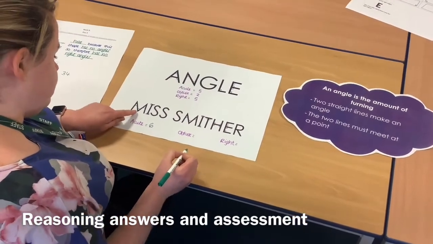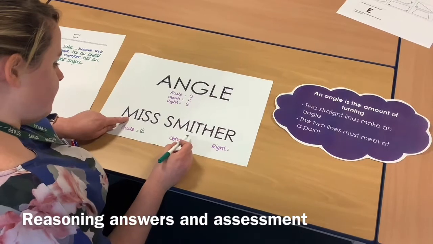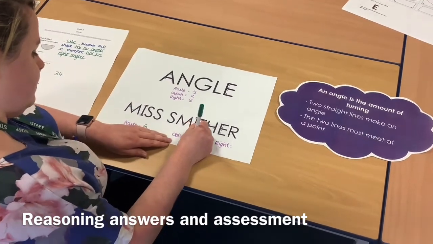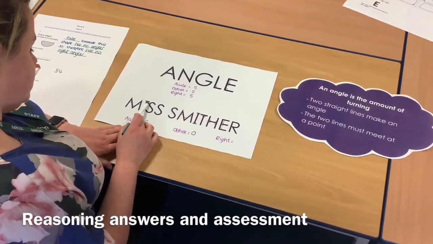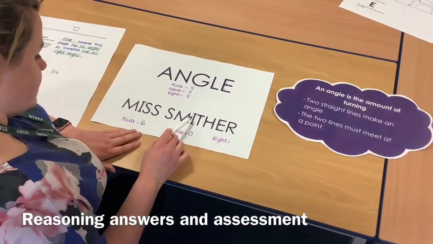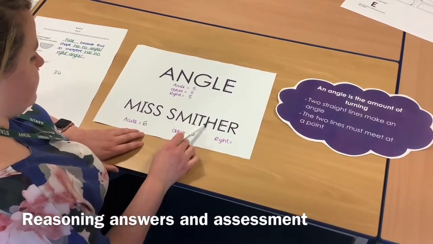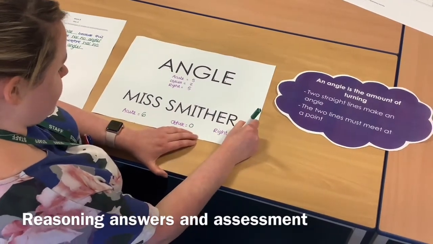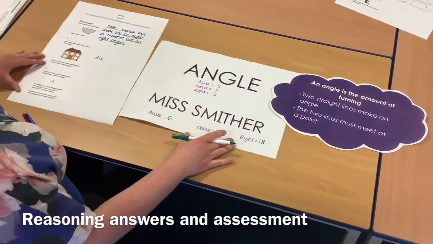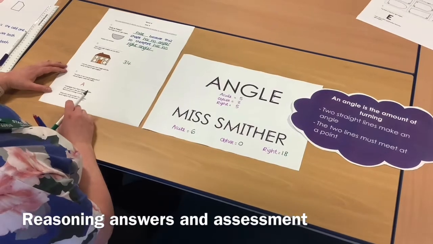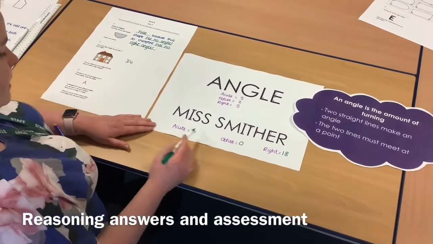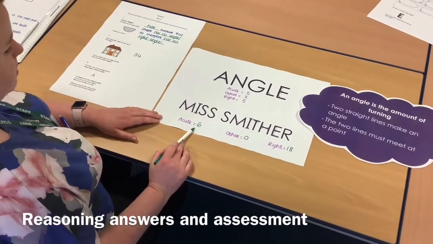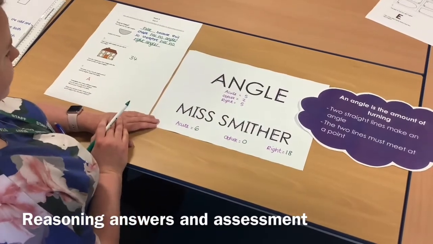Obtuse angles, I have none. And then right angles, I've got 18 right angles. The question asked me, does your name contain more or less acute angles? So my name contains more acute angles than the word angle.